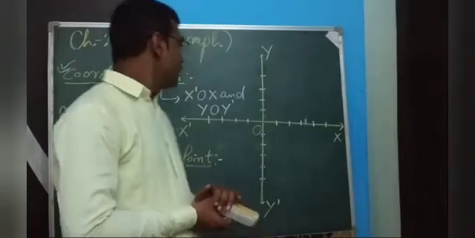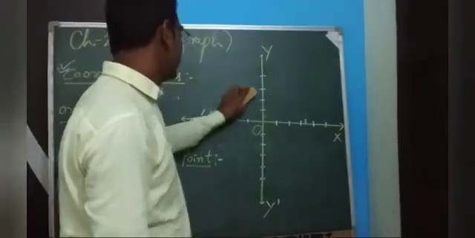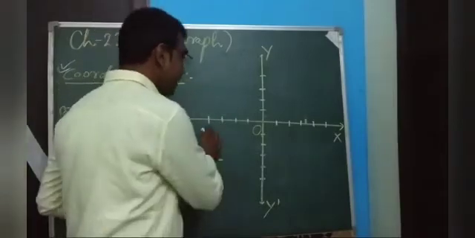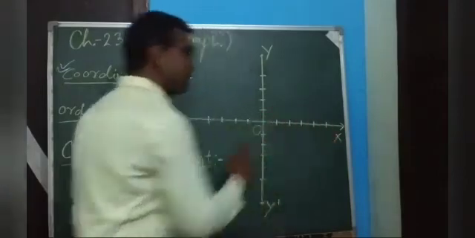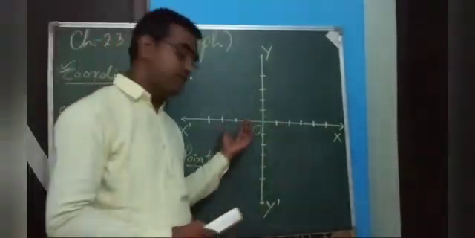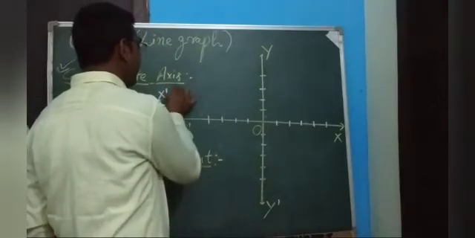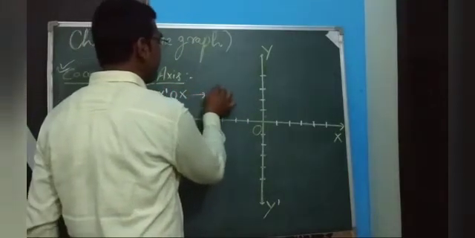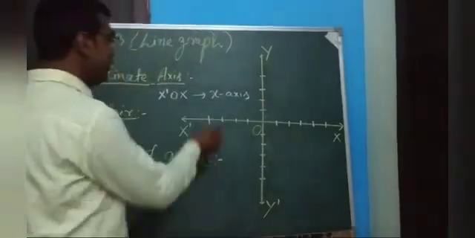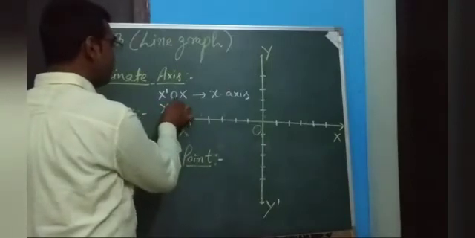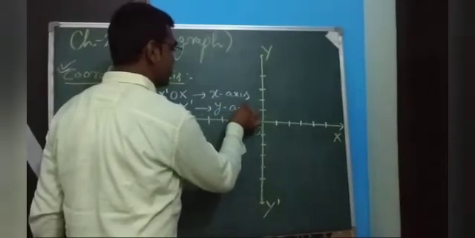Here this line XOX' is said to be x axis. Okay, so line X'OX is said to be x axis, and YOY' is said to be y axis.